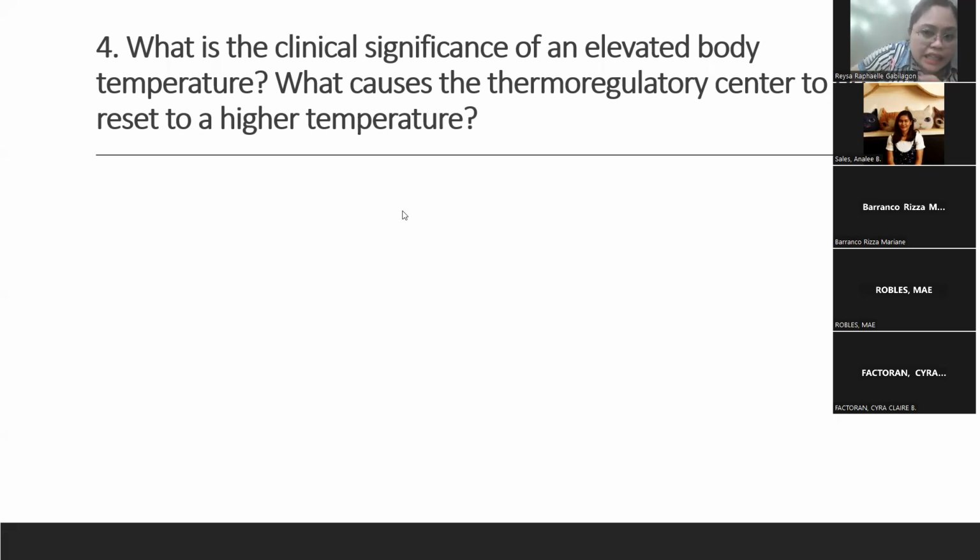So si prostaglandin will be one of the chemical messengers that will tell our hypothalamus to reset the body temperature to a higher one in an attempt to get rid of the infection, for example, or to tell you that your body is not normally functioning. Okay, so it's actually a sign that your body is working to fight against the microorganisms that are not really normally found inside the body.